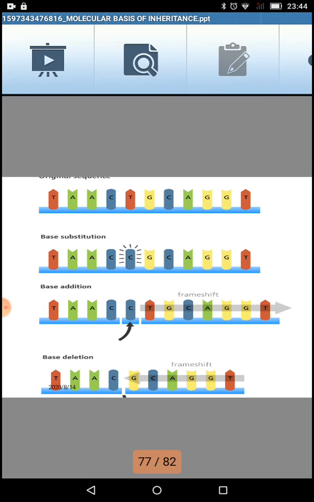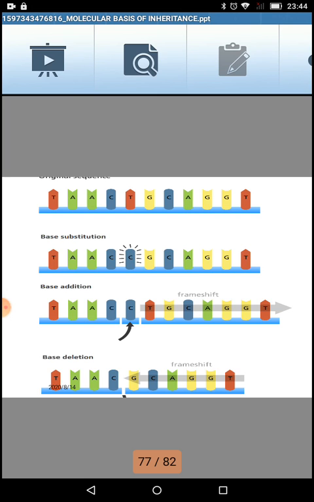That means the amino acid which was going to be coded from the point CTG will be changed, and throughout the whole of the strand it will be changed. So this is called a frame shift mutation, where the reading frame gets shifted, and this is happening because of a type of mutation which is called an insertion mutation or base addition.